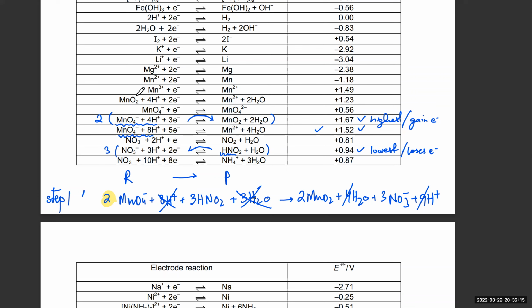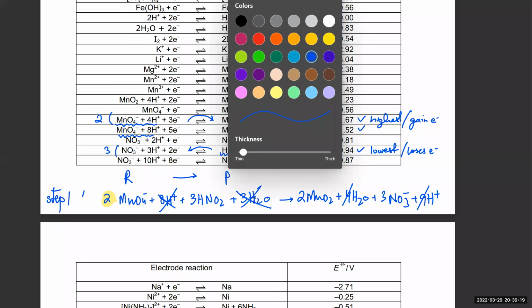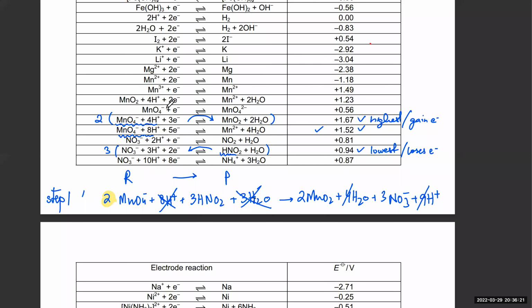This MnO2 over here, I'm going to mark it in red. The MnO4 changes into MnO2, and this acidified MnO2 is now going to react further.